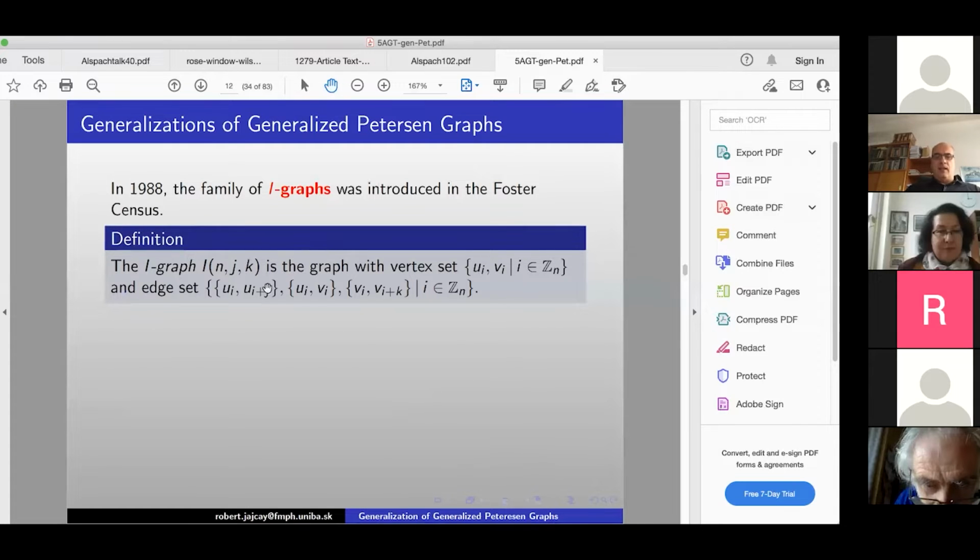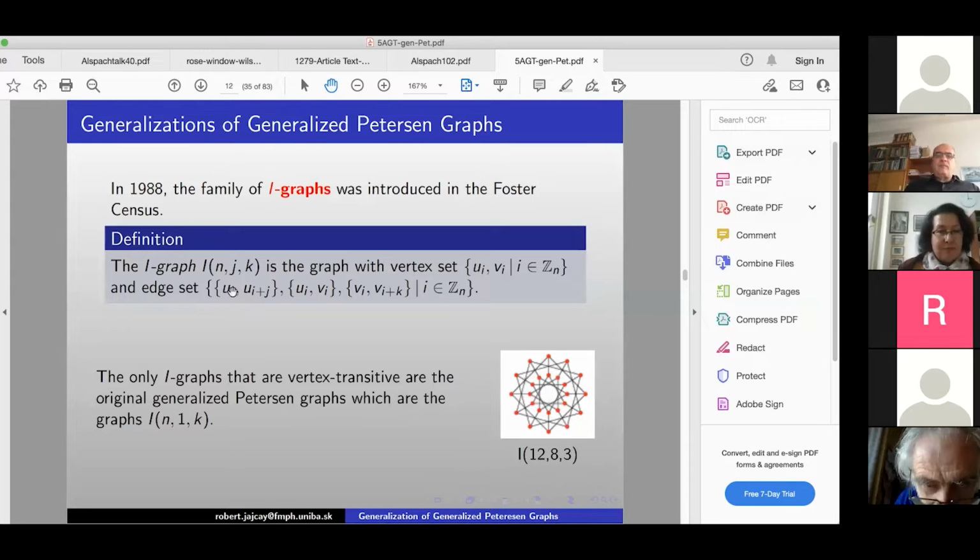You have the spokes, but the outside cycle is not the one defined by u_i adjacent to u_{i+1}; instead, for the outside cycle, you select the size of the jump that you take. And of course the inside is the same. So I have two parameters, j and k, instead of just the k previously. But it's obvious what these graphs look like. There is an outside cycle or a family of outside cycles, there is an inside cycle or a family of inside cycles, and then there are the spokes. So a very, very natural generalization.